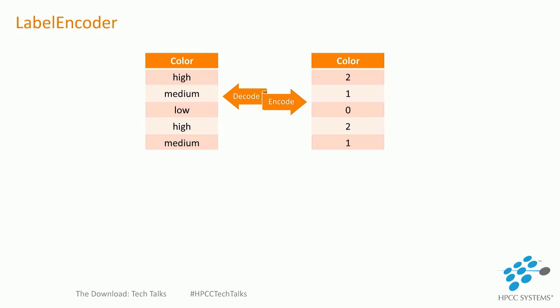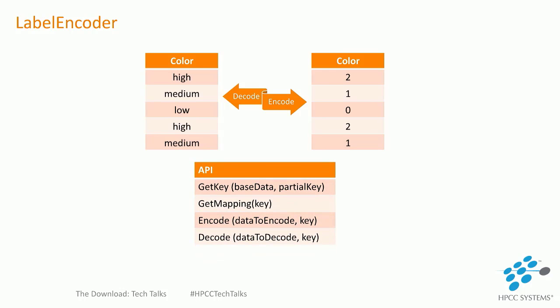Starting with the label encoder, as I mentioned, it allows you to transform your data labels into numbers. You can do this easily with the label encoder, and its API is as follows. Its API contains four main functions. The two below are an encode function and a decode function.